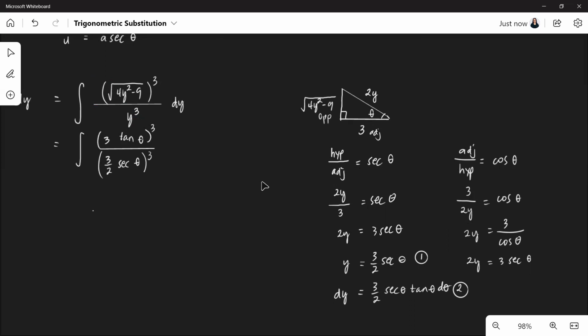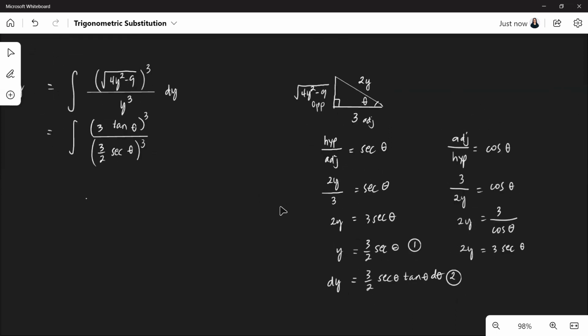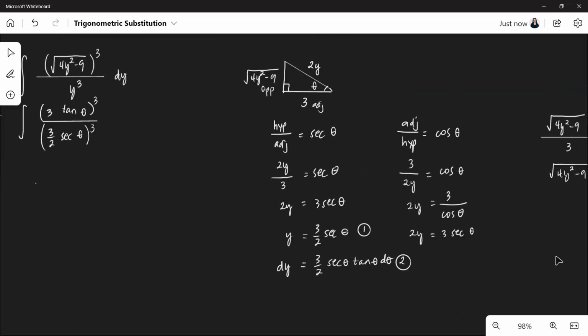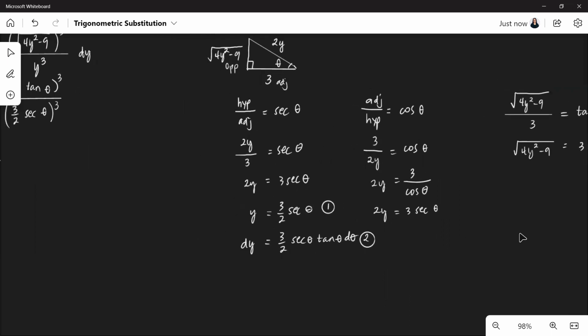Actually, you can transform it into opposite side over hypotenuse, which would result in a sine. We can do that, as long as we know our trigonometric identities.